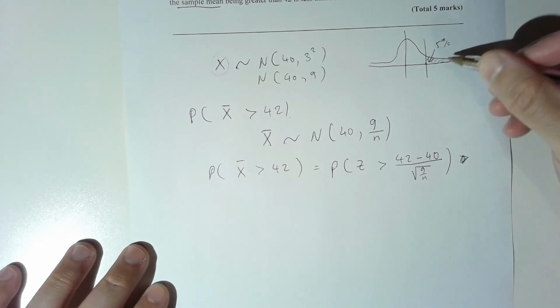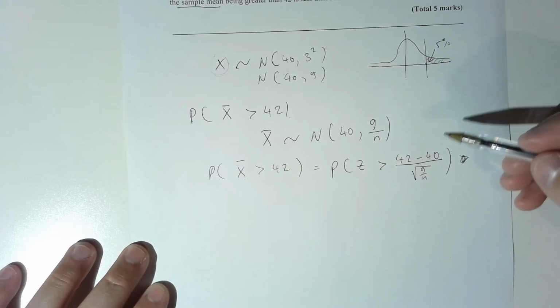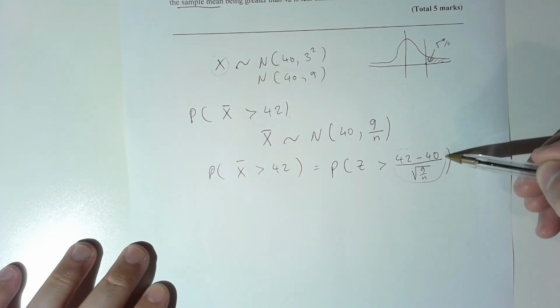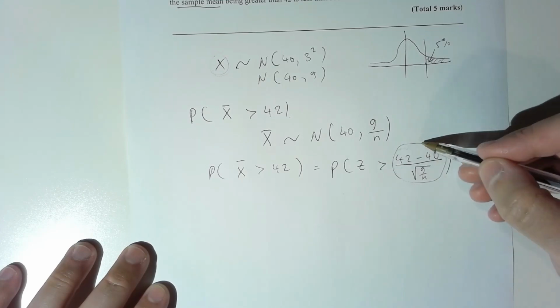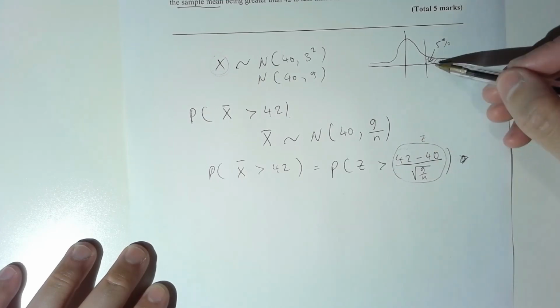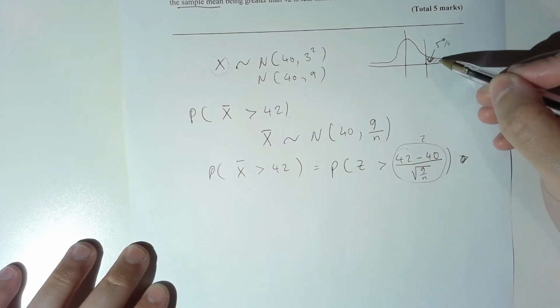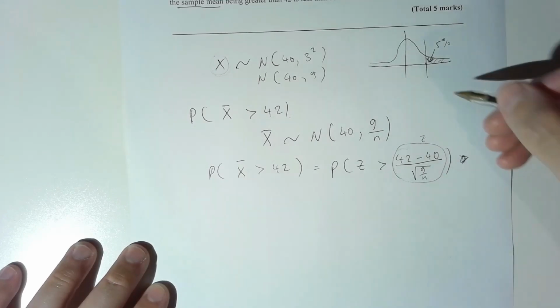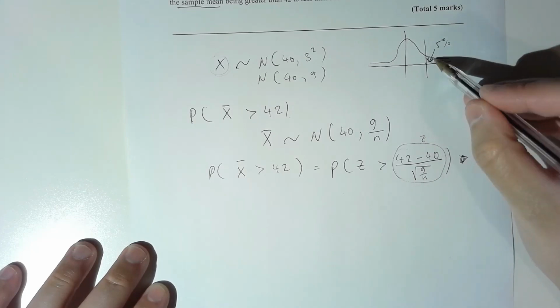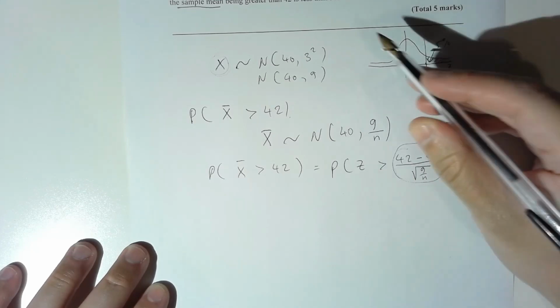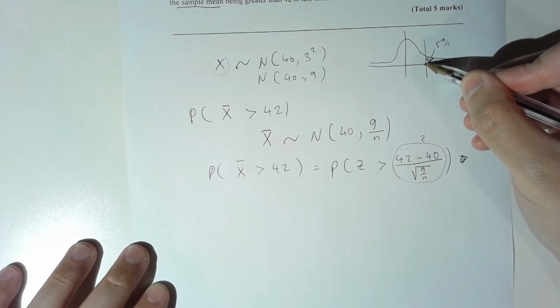So you see, we talk about an area of 5%. If that is the value of z, in here that is 5%. To be less than 5%, the z here has to be bigger than that value.